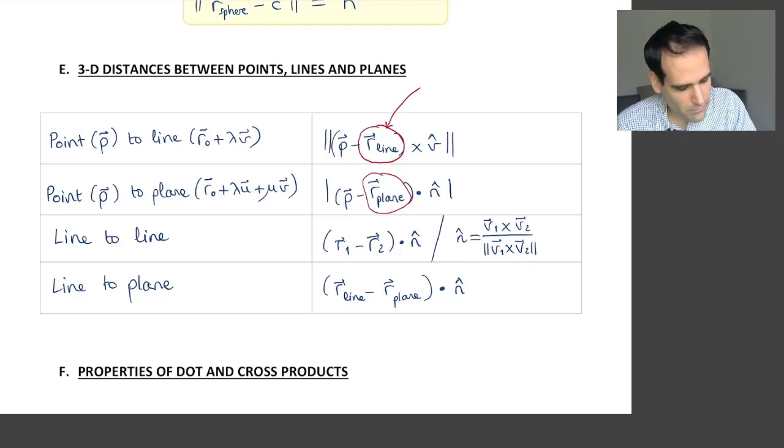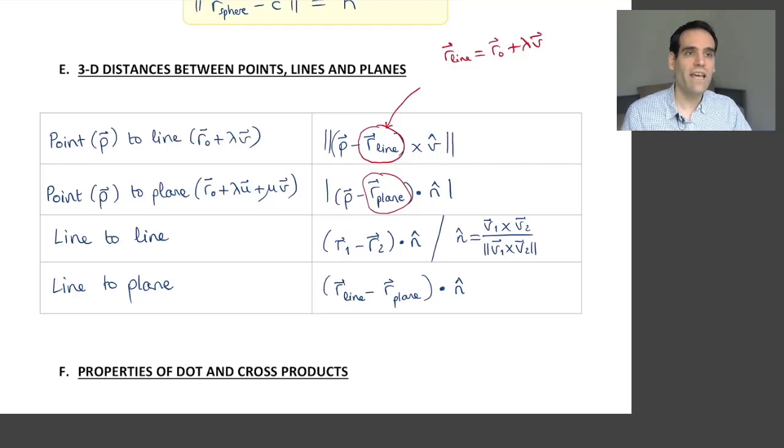For example, say that your line is r line equals r0 plus lambda v. Any value of lambda would work, because every point on the line is given by some value of lambda. The easiest one would be lambda equals 0, so then you could use r0. Any point that you can find would work in this equation.